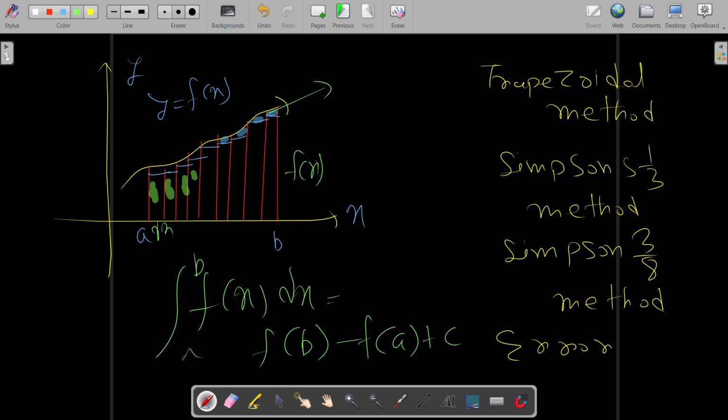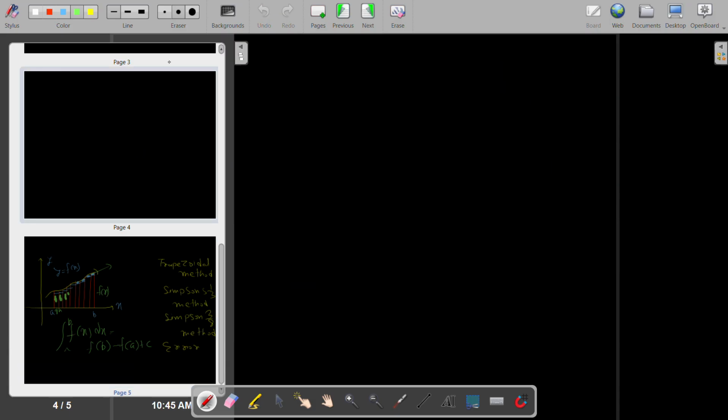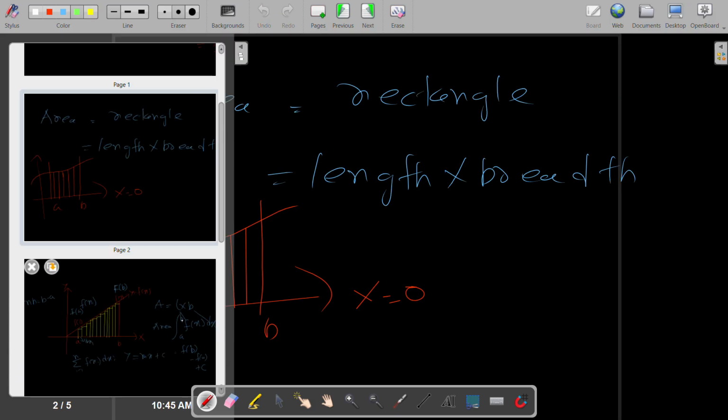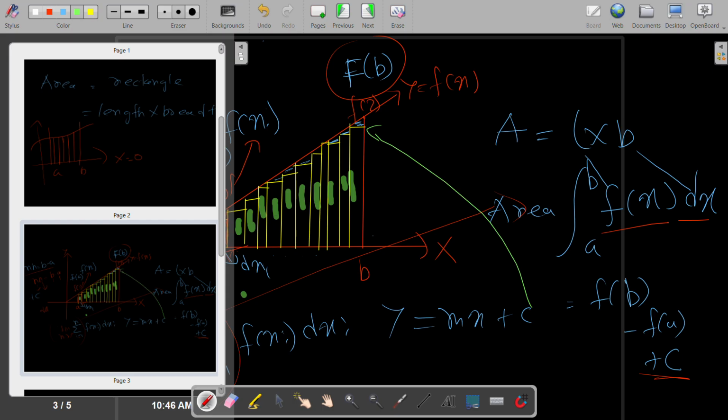This c is this constant part, or these unfound parts.